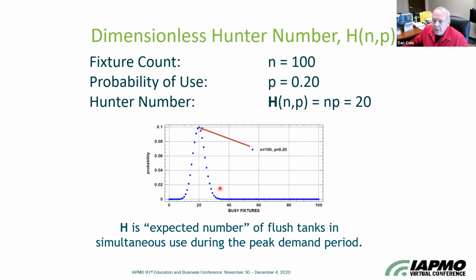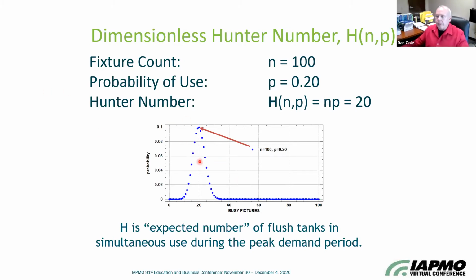So this is different than a 99th percentile. This is basically what's called the expected value of the binomial distribution. This is a dimensionless expected value and is useful for a couple things: for determining the algorithms that the calculator is going to use, and it's also used to determine the probability of stagnation.